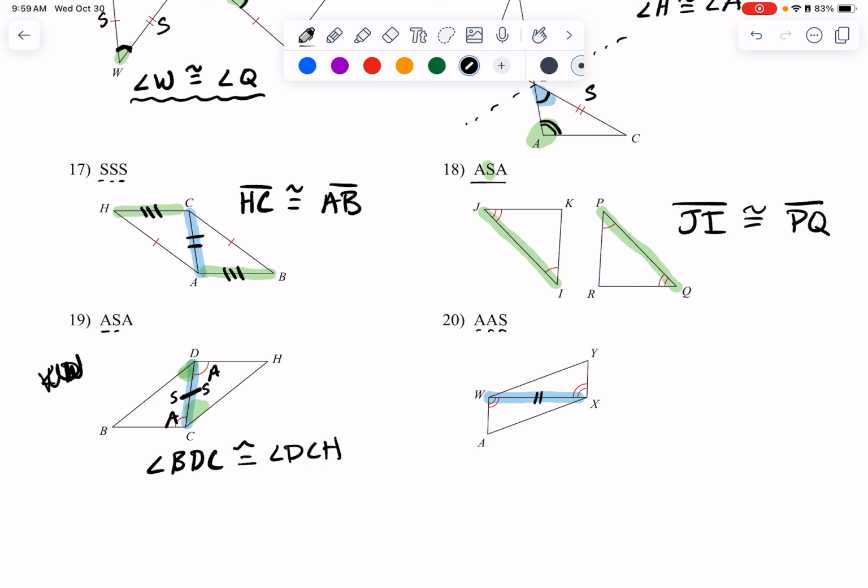But now we have an angle and a side, and we're looking for an angle that is not next to the side but opposite it. It's going to be opposite on the other part. So that would be angle A here and angle Y there. It's away from the side, not touching it. So angle A needs to be congruent to angle Y. There we go.